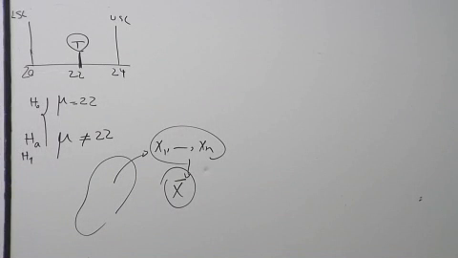If this x bar is between these two limits, we fail to reject H null. If it is beyond these two limits, either below the lower one or above the upper one, then we reject H null, and we say mu equal to 50 is wrong. Okay, it's not true. Does it make sense?